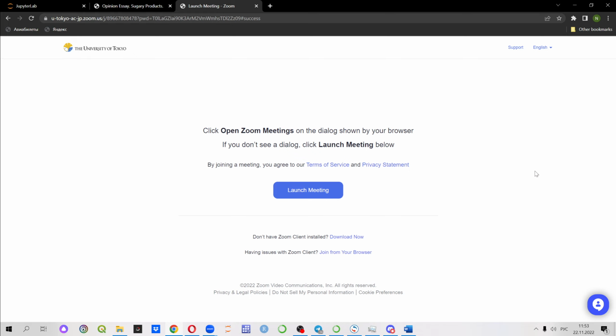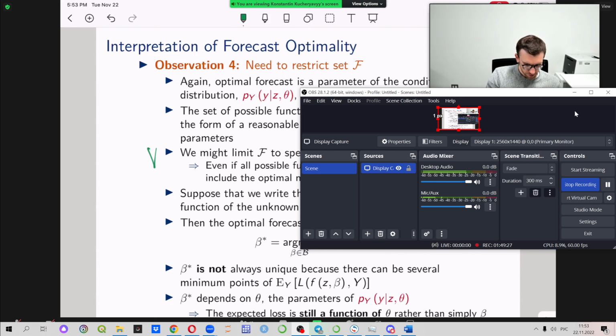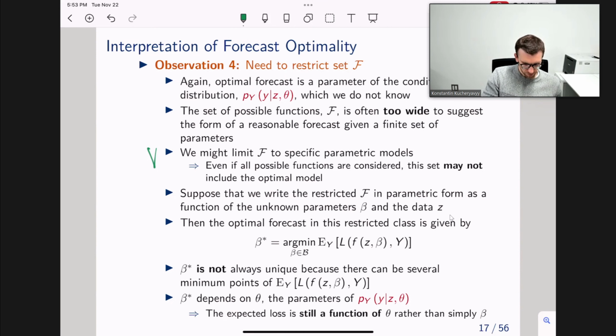Then we will be searching across parameters over this class F. So we'll be choosing the right parameters, but even this problem may not have a unique solution because of non-convexities. That also implies that there might not be a unique optimal forecast.